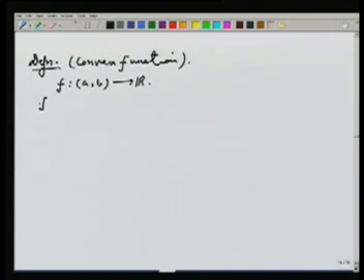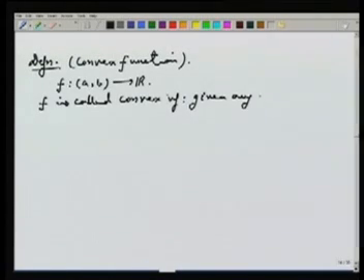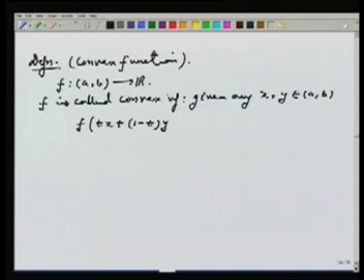Then f is called convex if, given any x and y in the interval (a, b), f(tx + (1 - t)y) is less than or equal to t f(x) + (1 - t) f(y).